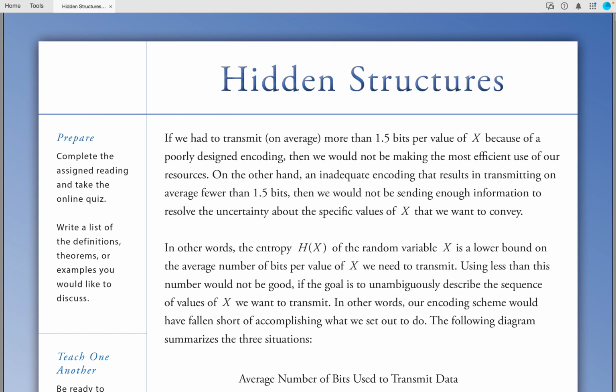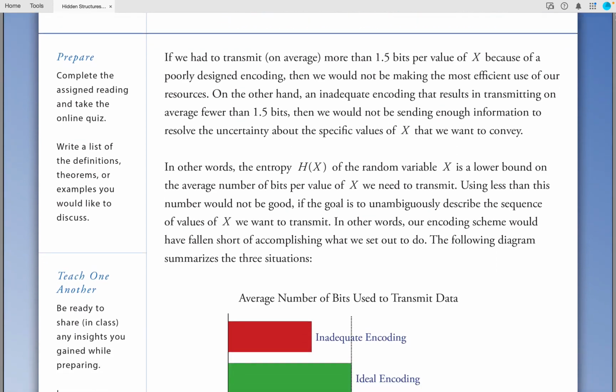Using less than this number would not be good if the goal is to unambiguously describe the sequence of values of x we want to transmit. In other words, our encoding scheme would have fallen short of accomplishing what we set out to do. The following diagram summarizes the three situations.